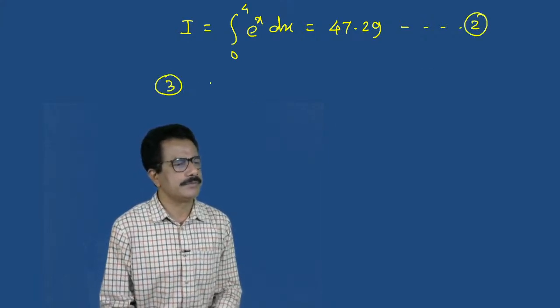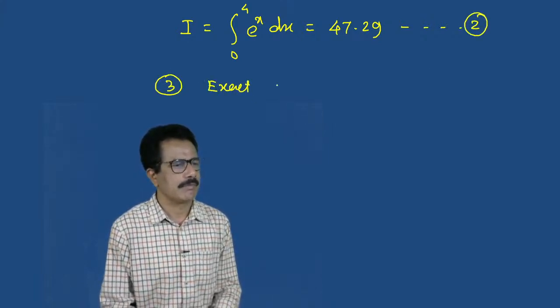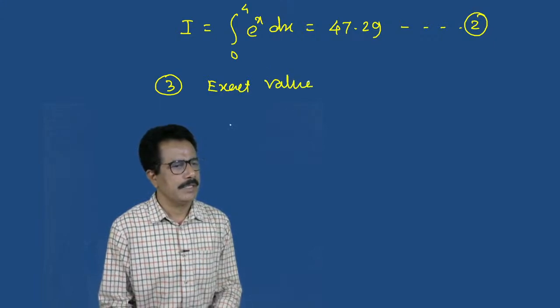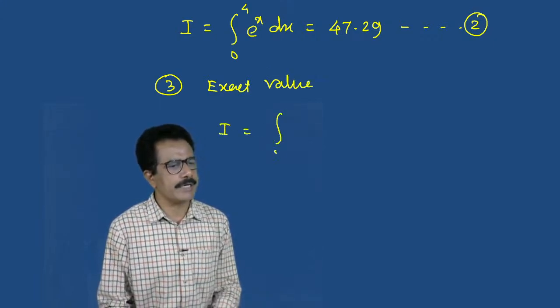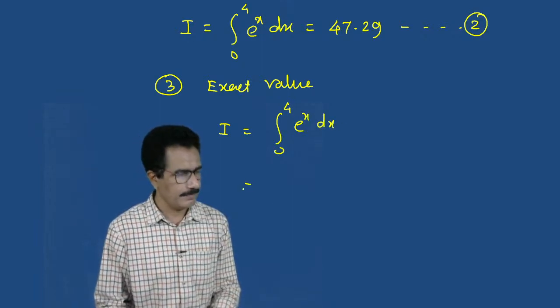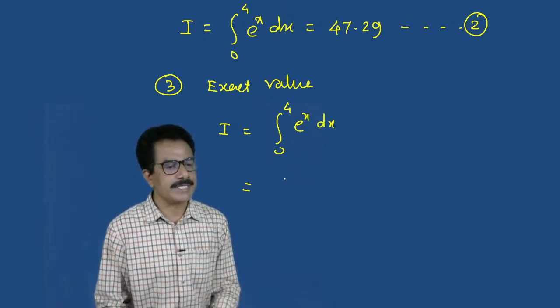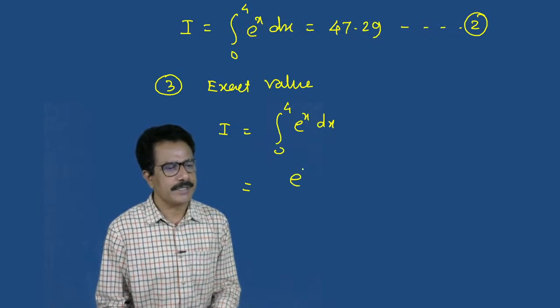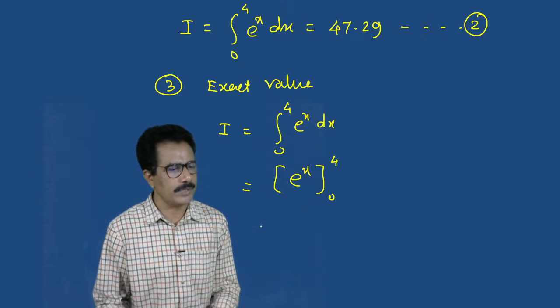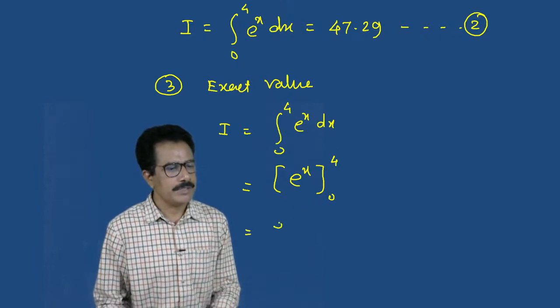Exact value: I is equals to integral from 0 to 4 e raised to x dx. What is the integration of e raised to x? e raised to x from 0 to 4 means e raised to 4 minus e raised to 0.